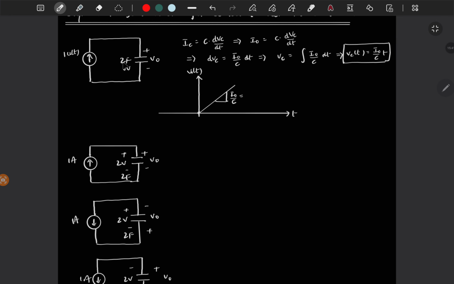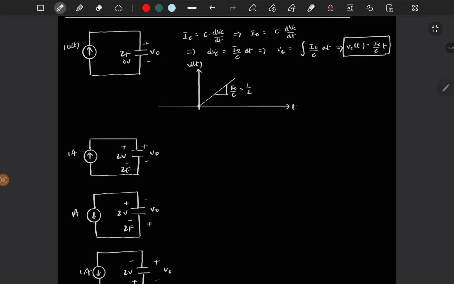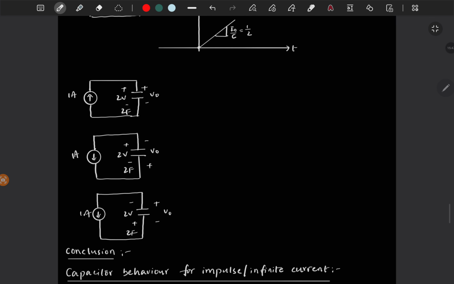So this is how it looks like. I naught is 1 and C is 2, so the slope is 1 by 2. So this is V naught, and here we have an initial voltage of 2 volts.